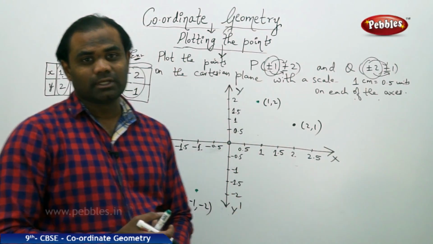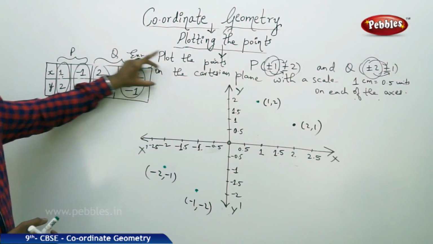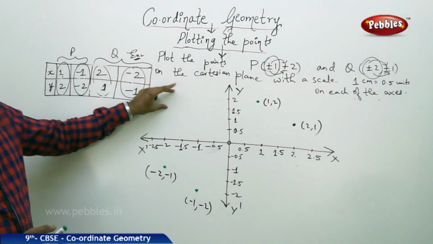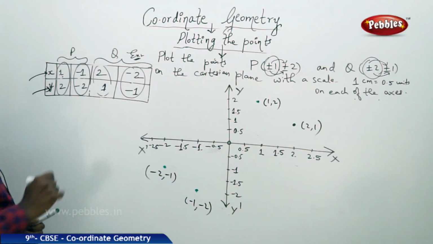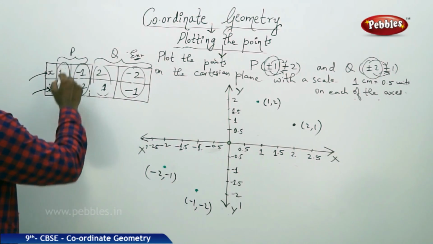Plotting the points is done through the construction of the table with the first row with all x values of the given points and the second row with all the y values of the given points, and then plotted accordingly through the pairs.